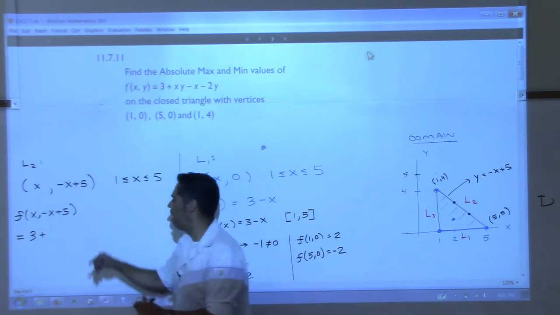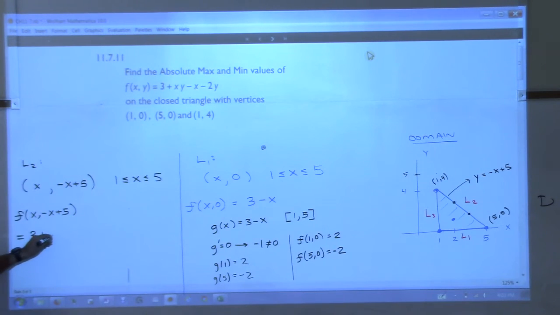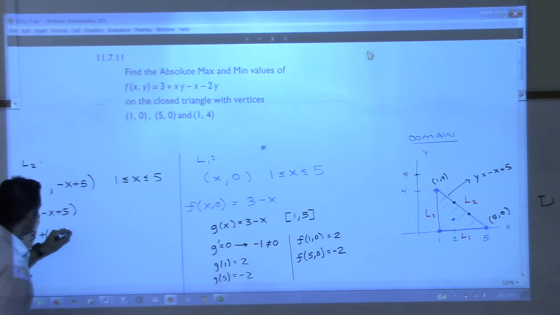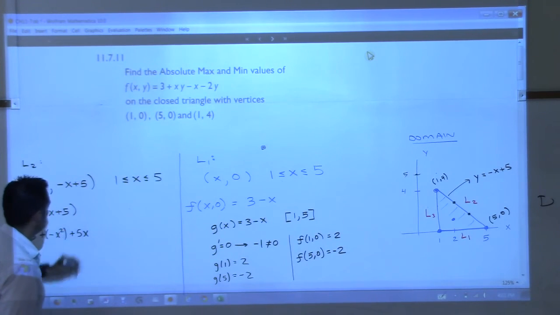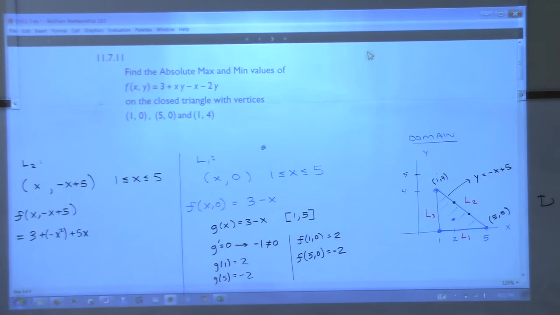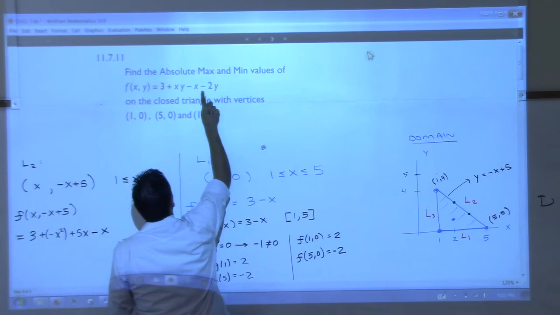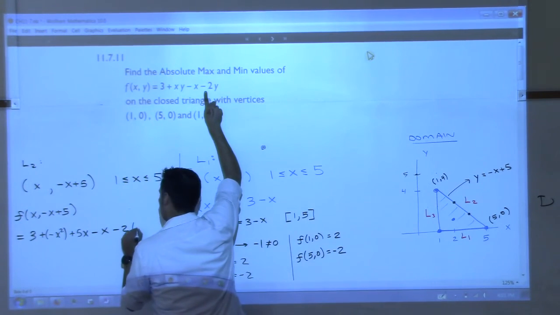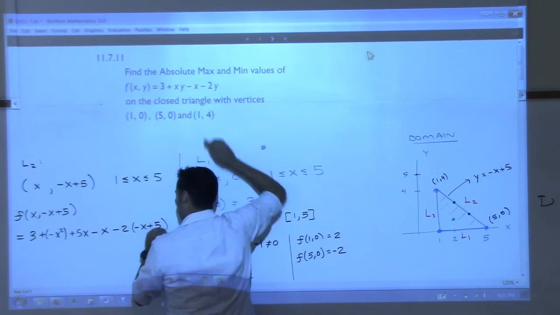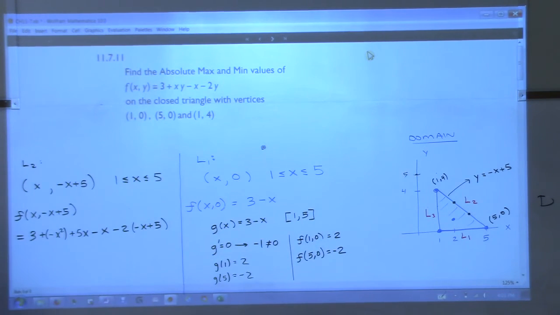So these two multiplied should give you negative x squared. I'm going to put it in parentheses. Negative x squared, and then plus 5x. You okay with that? Not done yet, though, right? Then what? Minus x, and then minus 2 times negative x plus 5. Y'all follow me on that?